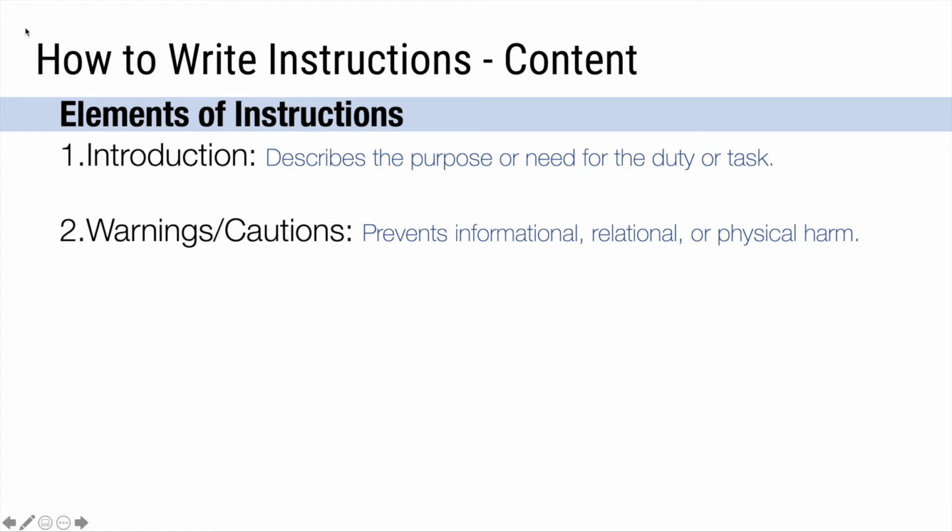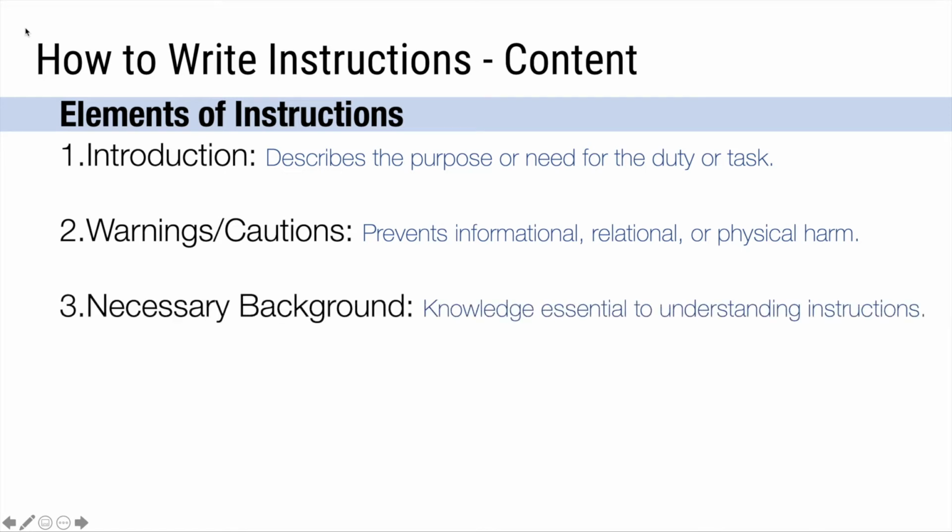So, for example, there's FERPA policy that prevents private information from being shared. Also, relational warnings and cautions may be something like if you're working with different staff members or different administrators, are there certain expectations that certain individuals have or need that you would want the person following the instructions to be aware of?